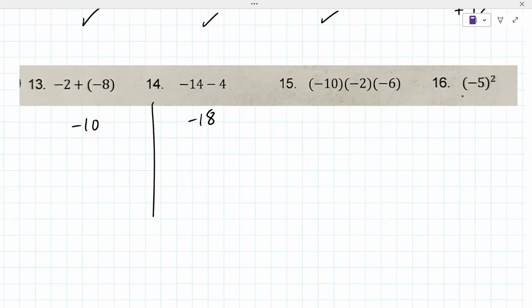Hang on. So it's going to be the next one, negative 120. Yeah. Next one, negative 5 squared.